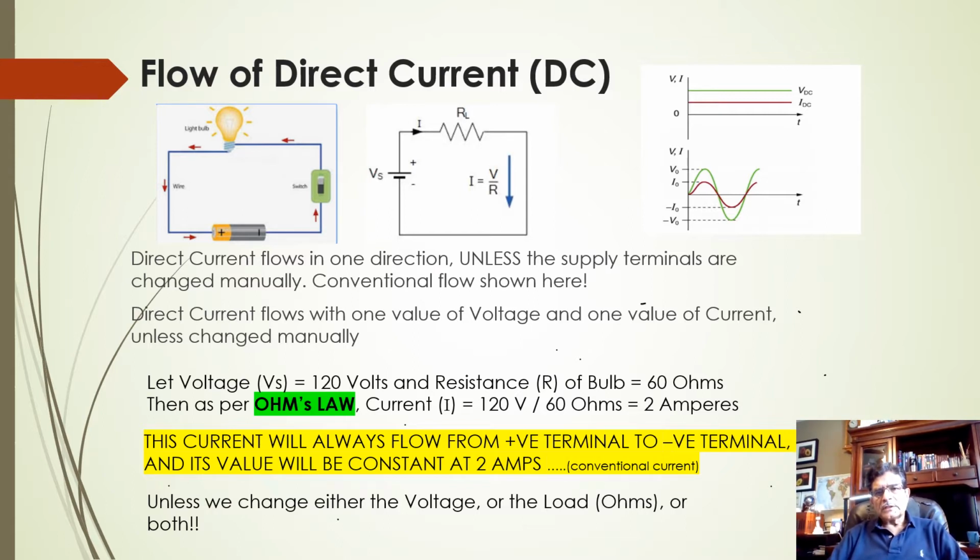If we plot time against voltage or time against current, it will always be a straight line, meaning the amount of current or voltage will always be constant, shown by a straight line for voltage and a straight line for current. At any given time the value of current will always be constant and the value of voltage will always be constant.